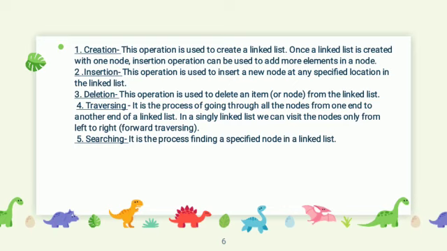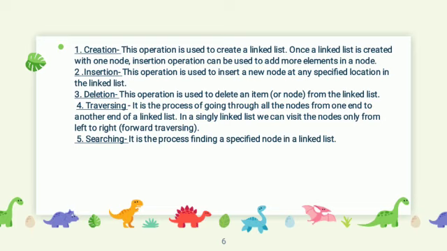The second operation is insertion. This is used to insert a new node at any specified location, that is, the beginning of the list, middle of the list or end of the list. The third operation is deletion. Same as the insertion operation, it is used to delete a node from the beginning, middle or end of the list.